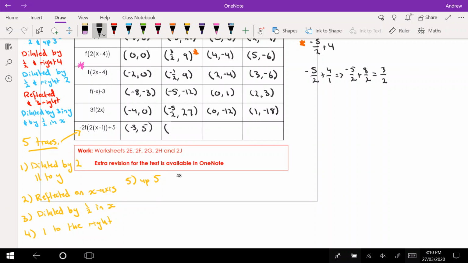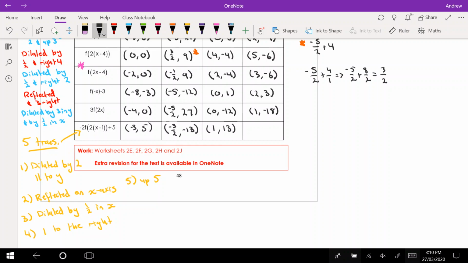Then moving 1 to the right means you add 2 over 2. So negative 3 over 2. And the y coordinate is negative 13. Okay, you're going to flip 9 to get negative 9. You double that to get negative 18. And then move up 5 units to get negative 13.